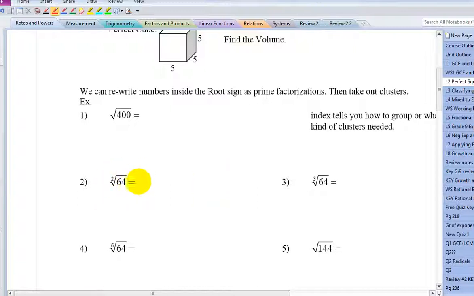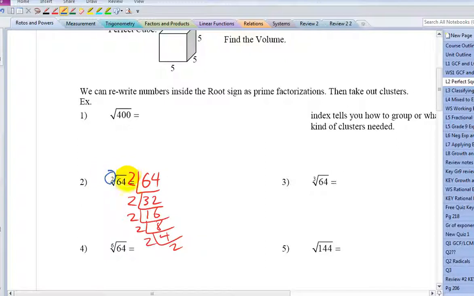Okay, let's do 64. Divide that by 2. What do we get? Divide by 2. Divide by 2. Divide by 2. Okay. What does the index tell us to look for?